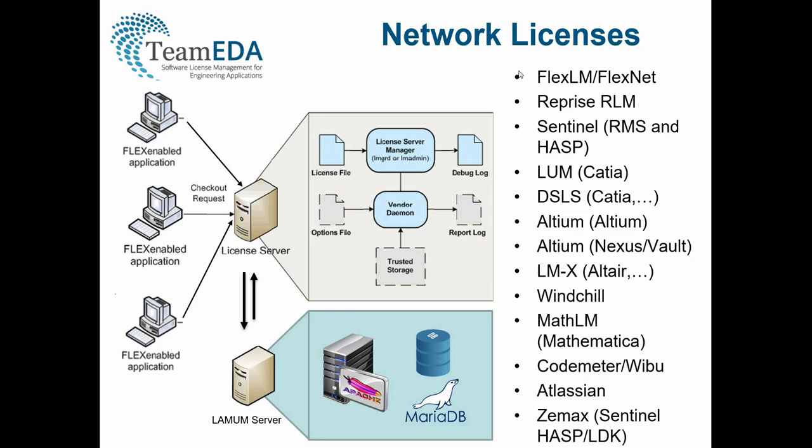On the right hand side is some of the most common of these floating network license types. So we support FlexLM's FlexNet, which is without doubt the most common license mechanism used within the engineering software.